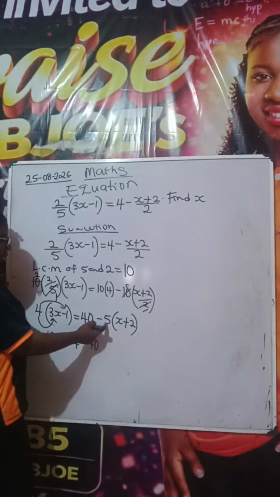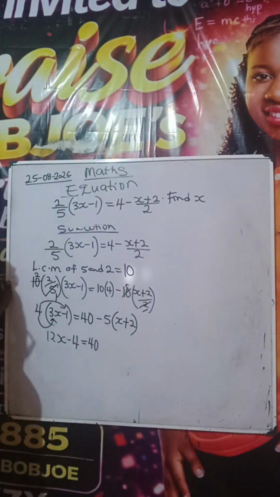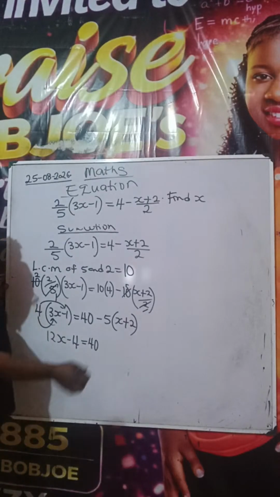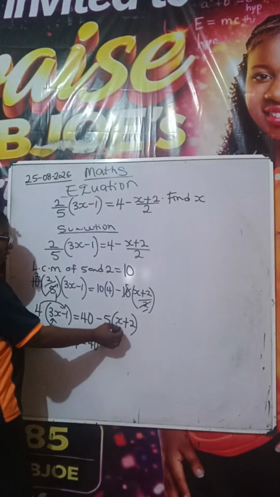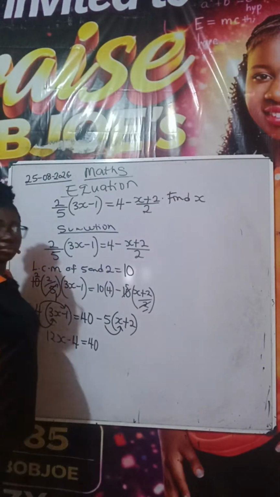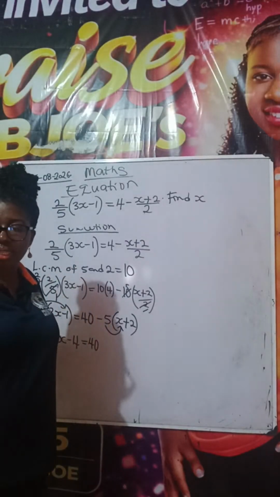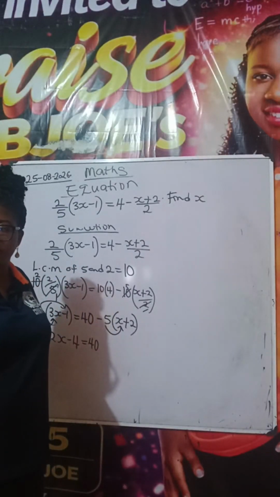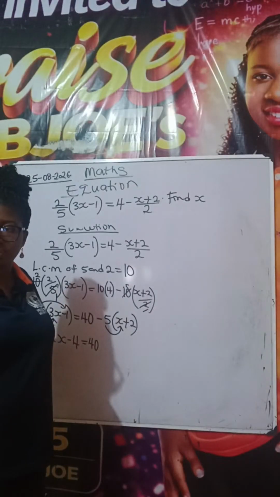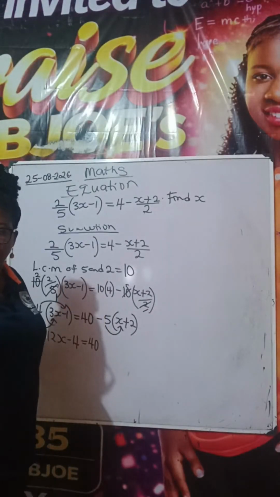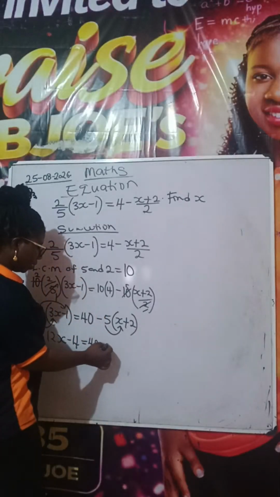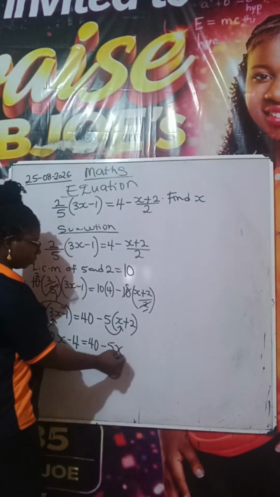Then I'll use minus 5 to open this. Good. So minus 5 times x. Minus 5 times x. What do we have? So we have minus 5x.